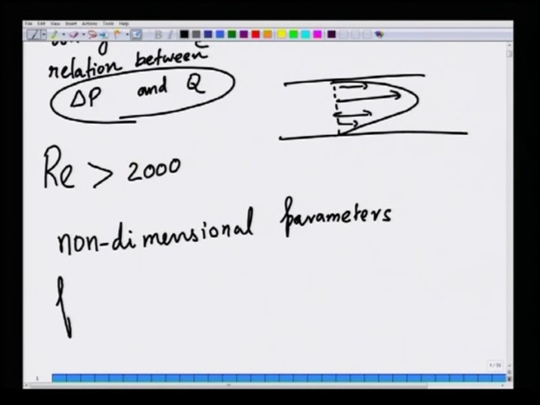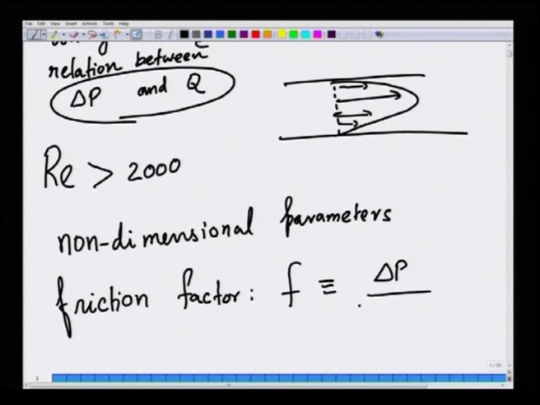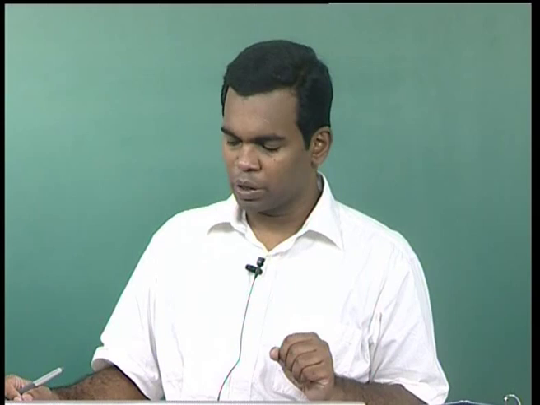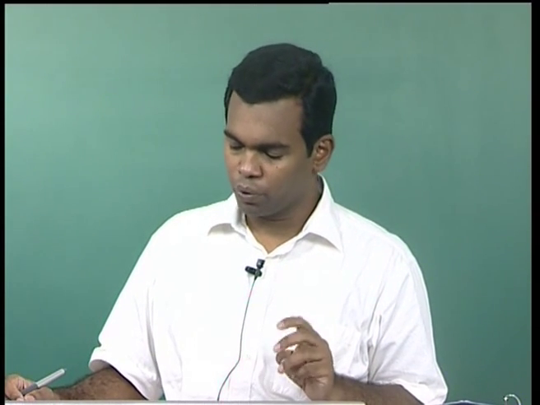So, the friction factor is nothing but a non-dimensional pressure drop, denoted by the symbol f, defined as delta P by half rho V bar squared L by D, and the friction factor thus defined is called the Darcy friction factor, because there is another friction factor called the Fanning friction factor, which is off by a factor of 4 compared to this.